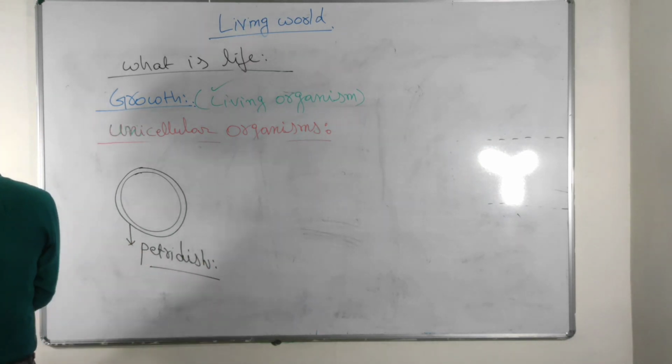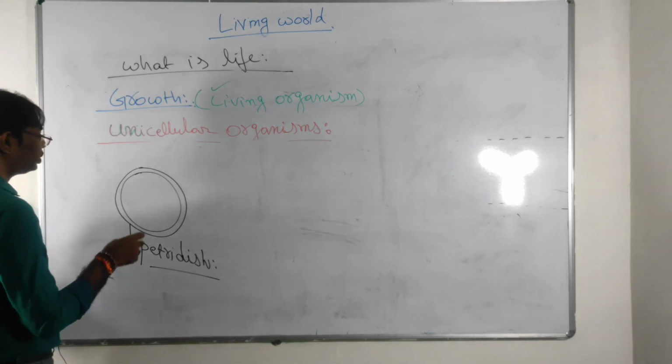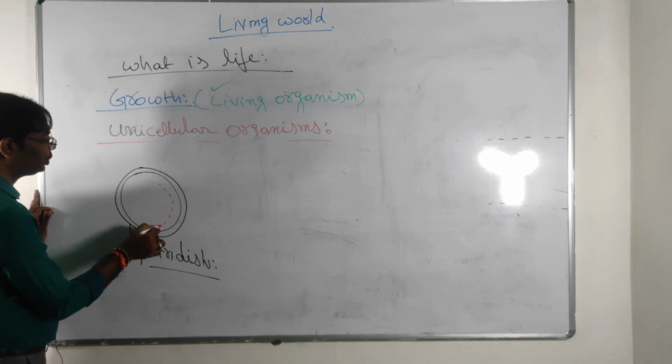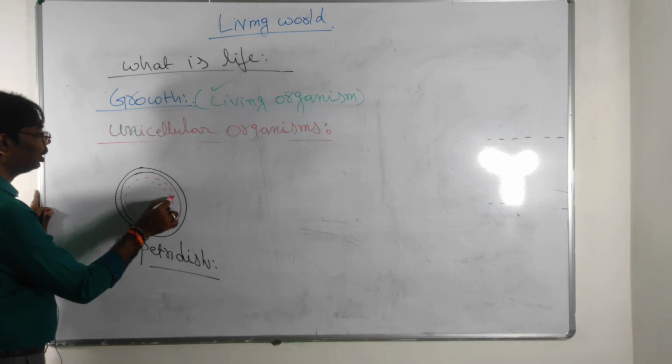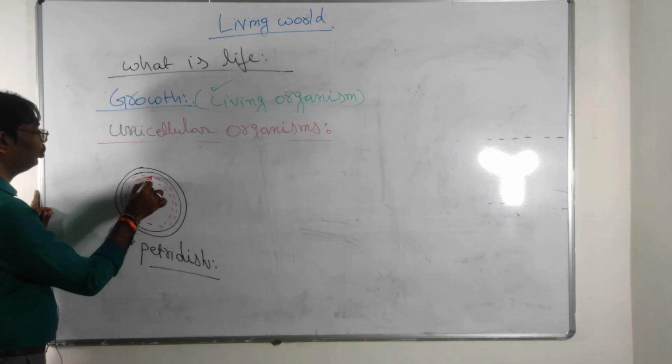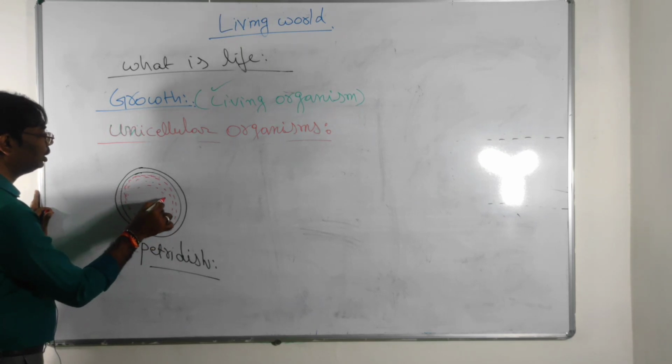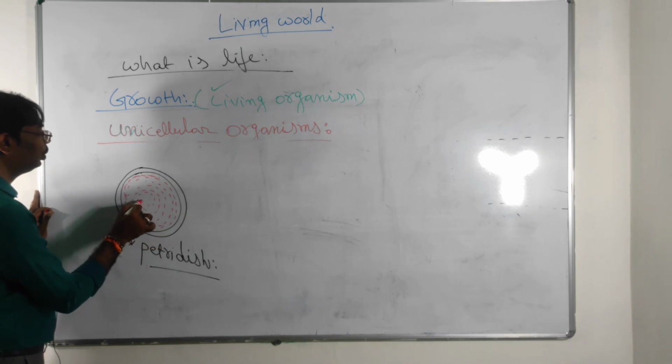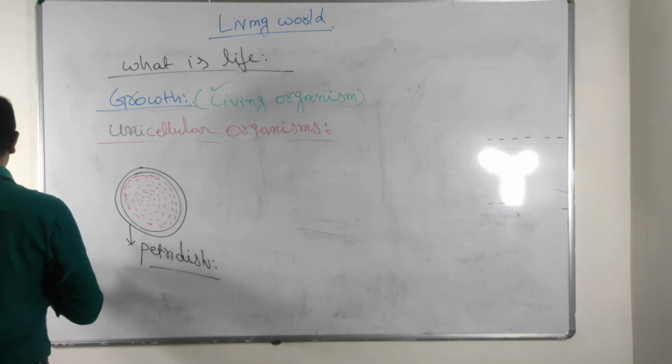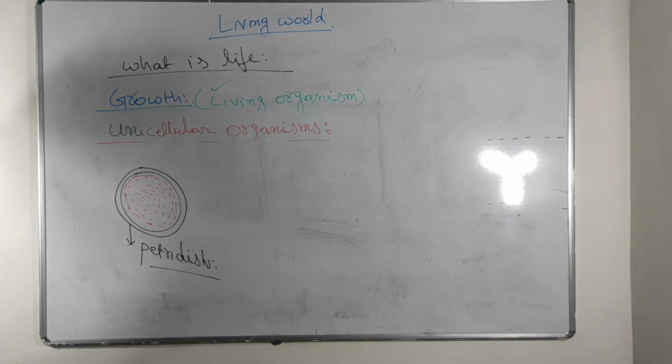So inside the Petri dish, keep some nutrient materials. So this is the nutrient material. So what is the meaning of nutrient material? That is called food material for the microorganisms. That is called nutrient media. So technically we will say nutrient media.